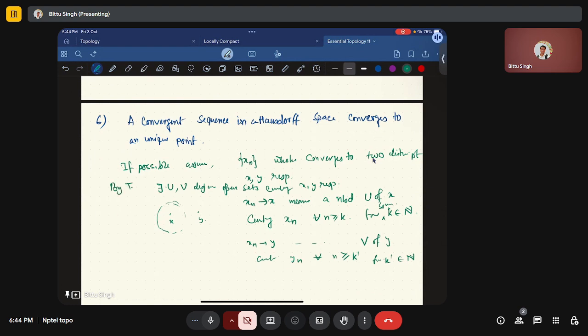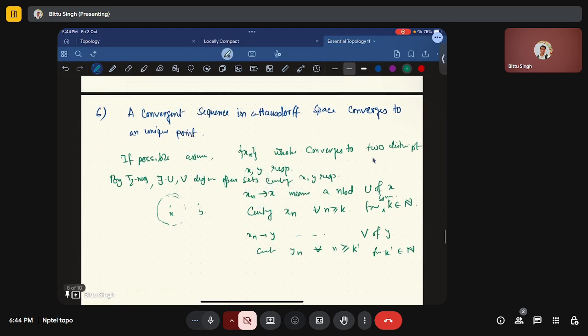By Hausdorffness, there exists this kind of open set. So note that U contains almost everything except some finitely many points. U contains all those xn, and similarly V contains all those xn's.